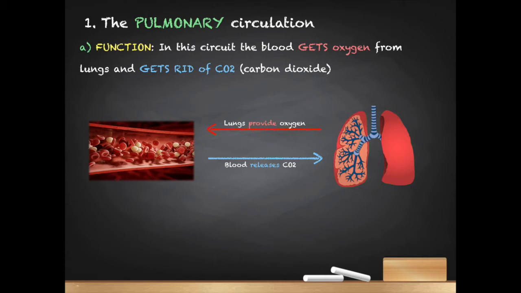Do you remember last year what the function of this is? This is the exchange of gases, and it happens in the alveoli. So this is the function of pulmonary circulation.